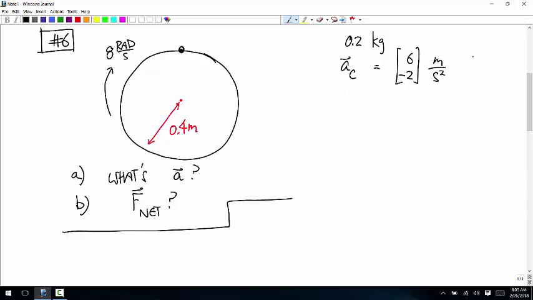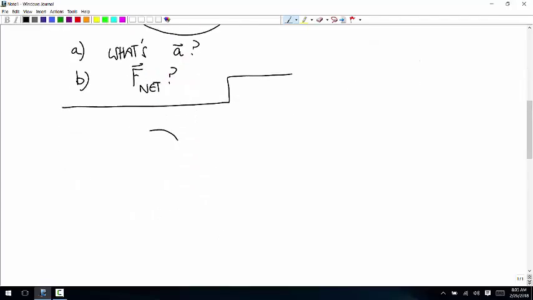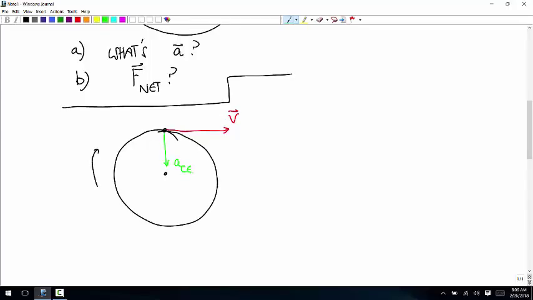Okay, so for the acceleration, it's rotating this way, clockwise. And so the velocity vector is like this. There's no tangential acceleration because it's uniform. The speed isn't changing. The centripetal is like this. And that is the total acceleration in this case.